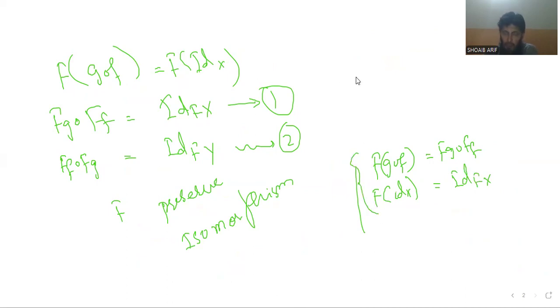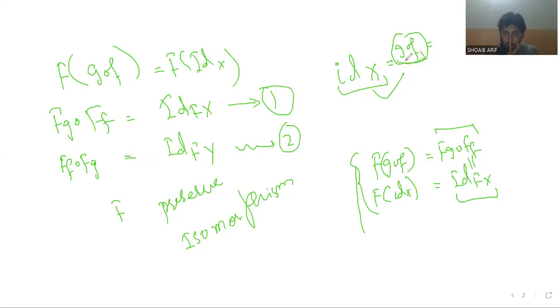Okay, so id on X, according to the given condition, is equal to g of f. So the functor sends this to F of g composed with F of f, and the functor sends this id on X to id on F of X. Meaning F of g composed with F of f is equal to id on F of X. According to this condition, these two morphisms are equal.